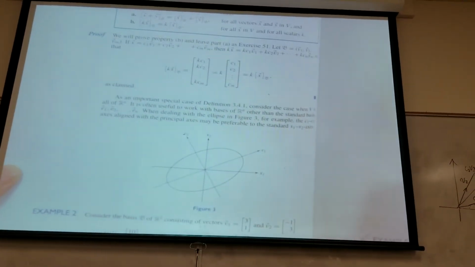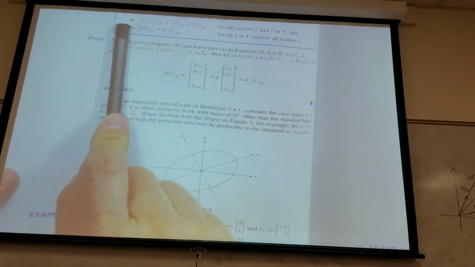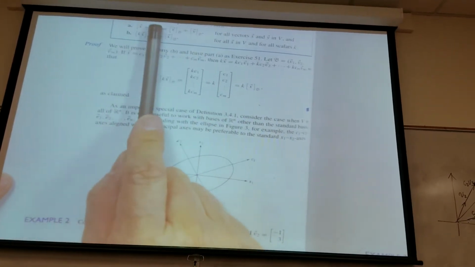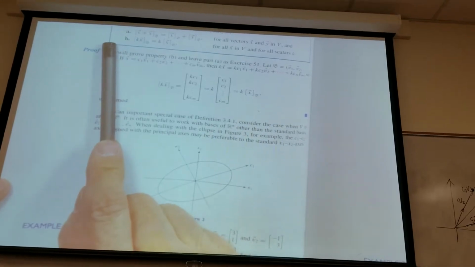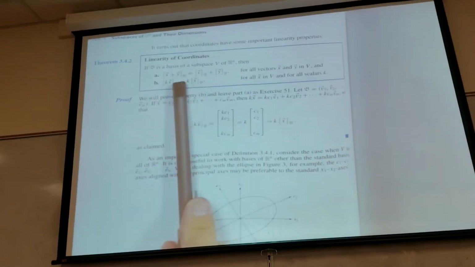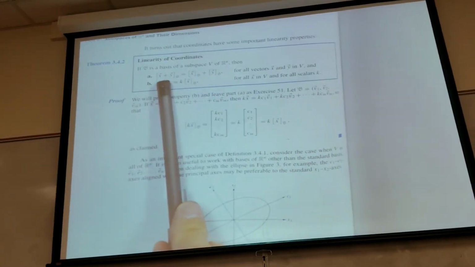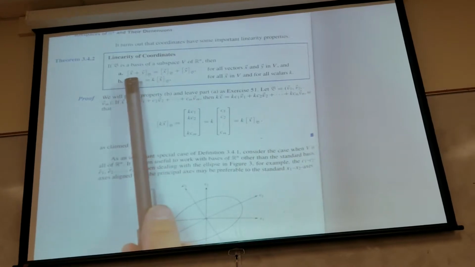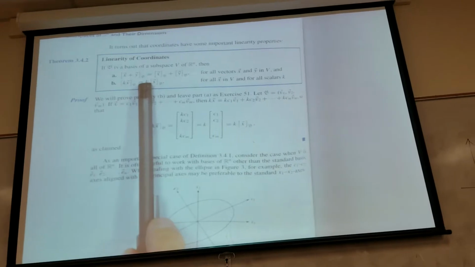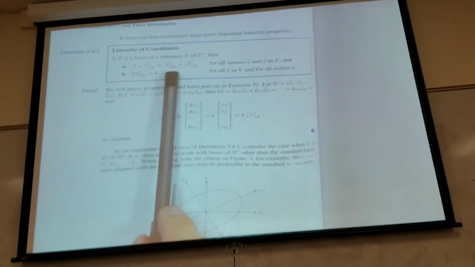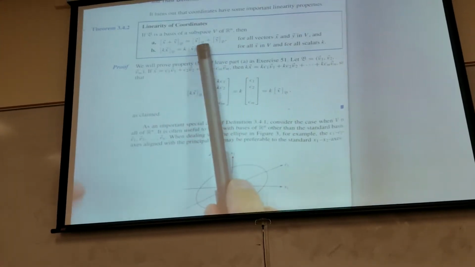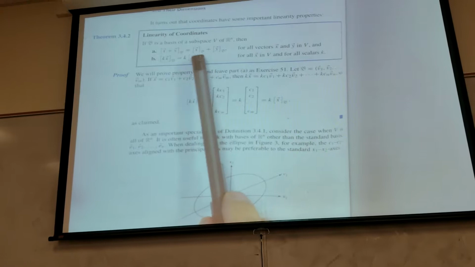The theorem says taking coordinates is a linear operation. So two properties. If you add two vectors x and y first, and then find the coordinates, that is the same as finding the coordinates of x and y first, then you add.